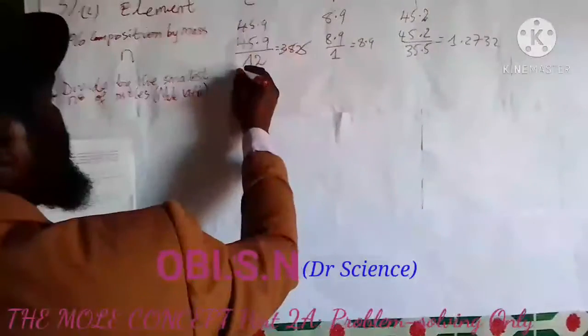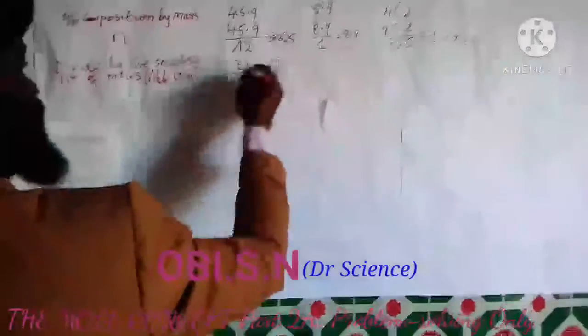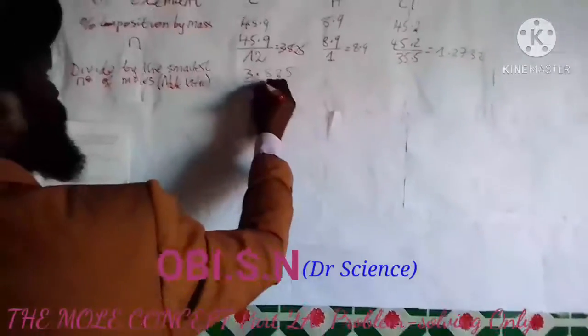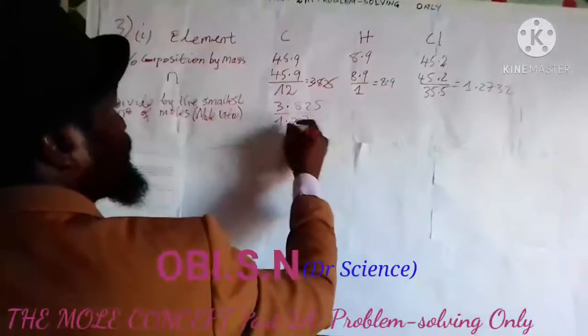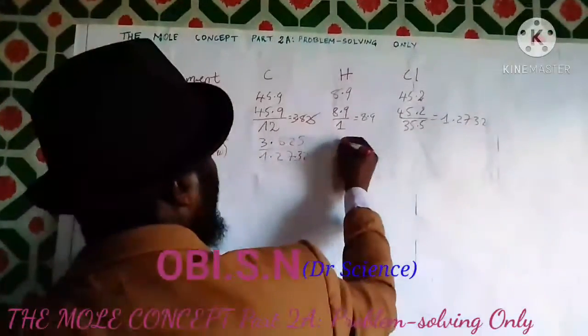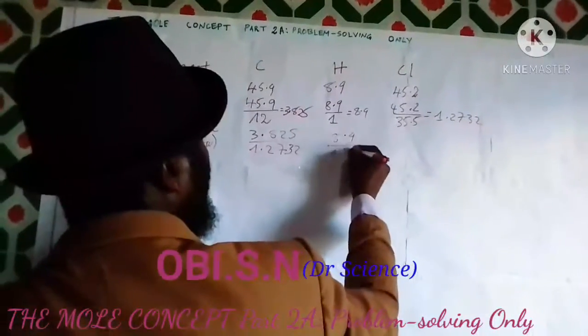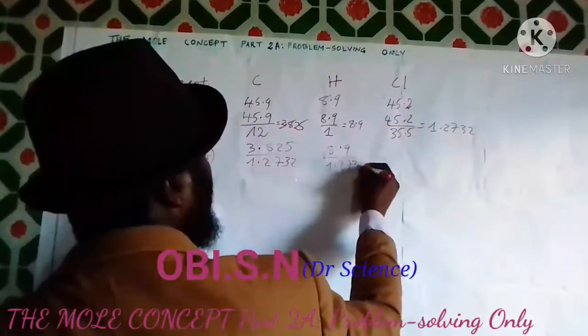So here we have 3.825 divided by 1.2732. And here we have 8.9 divided by 1.2732.